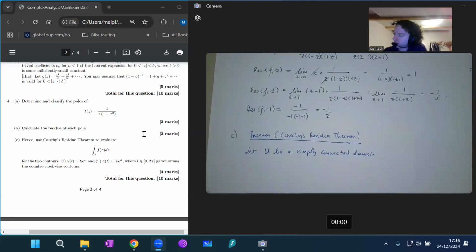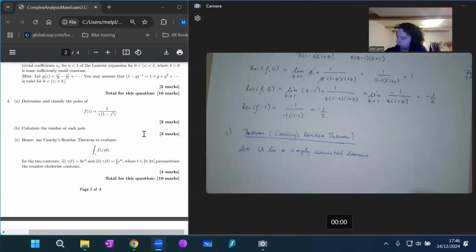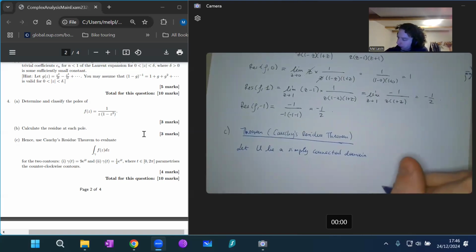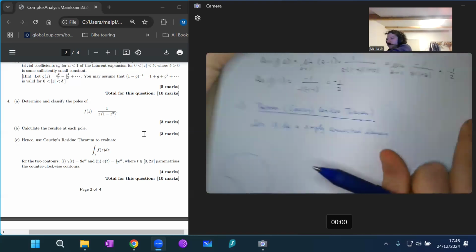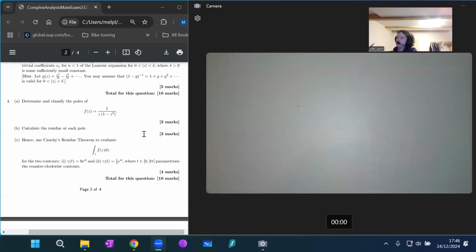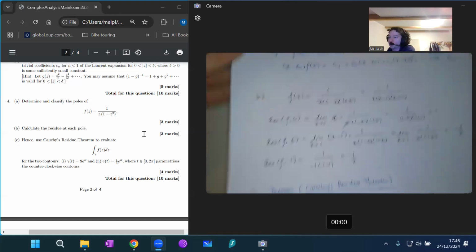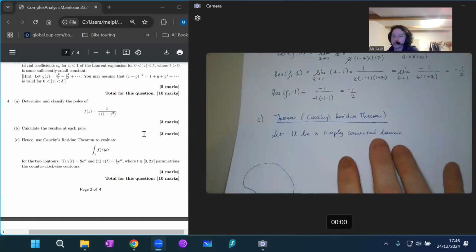A simply connected domain is a connected domain, so one that's made of only one piece, but in particular, it has no holes whatsoever.